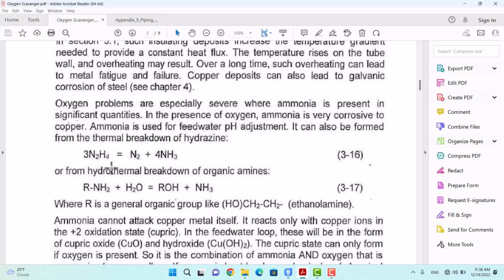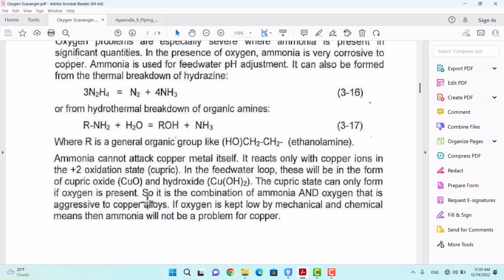Hydrazine breaks down and produces ammonia. From hydrothermal breakdown of organic amines, ammonia is also produced.